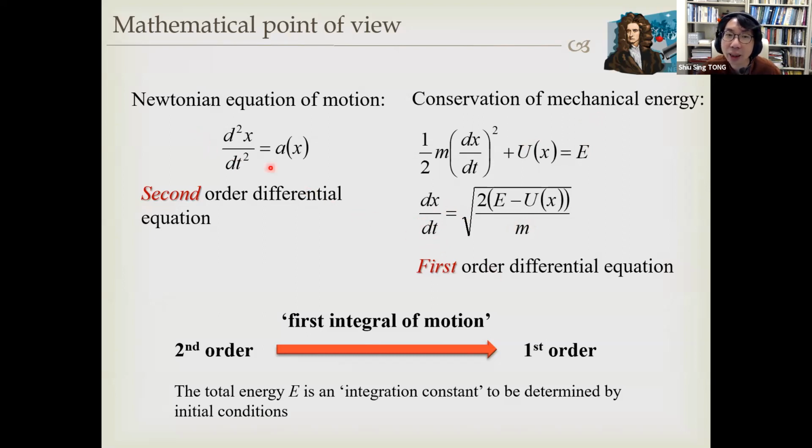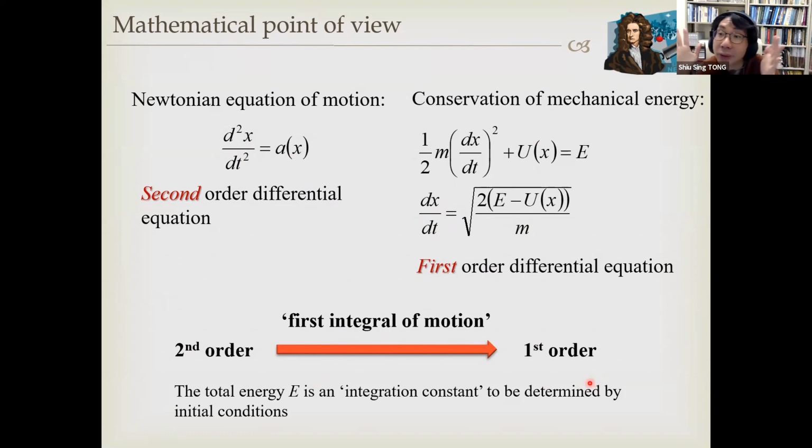Now you can see if you go from here to here, effectively you do an integration. When you start from a second derivative and you eventually obtain the first derivative, that means you integrate. You effectively have integrated the equation of motion, so you reduce the order of that equation from second order to first order.